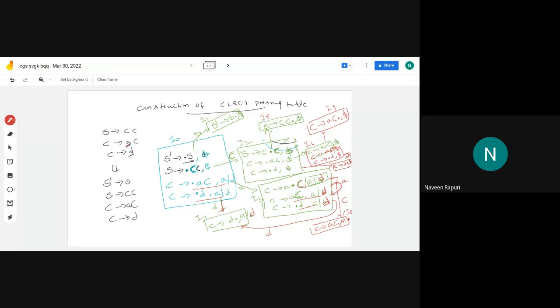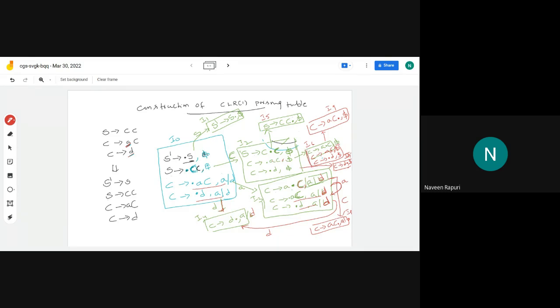And here C derives dot small a capital C comma dollar is there. Here also it is the same. When this production is there, that means after that if a is there, we move to this item.